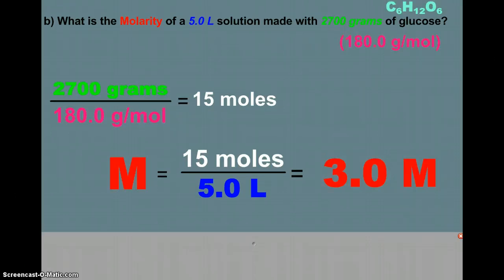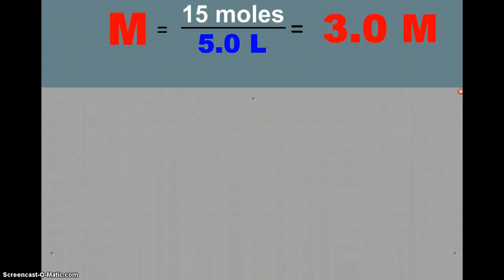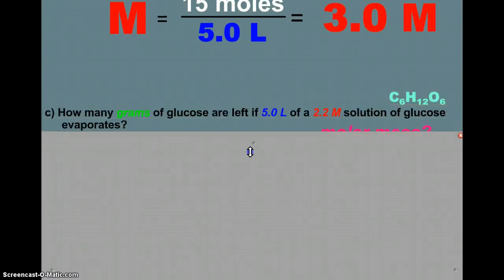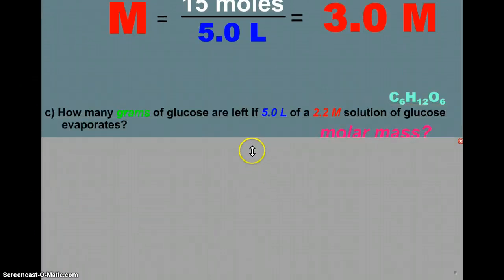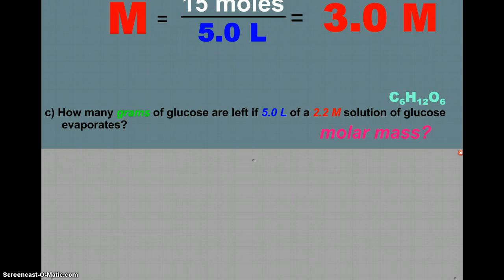Another way that we can look at that same question, using grams, is this type of question. How many grams of glucose are left if 5 liters of a 2.2 molar solution of glucose evaporates? If the water evaporated away, the glucose would be left behind.